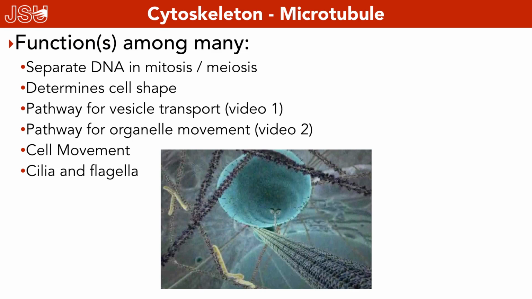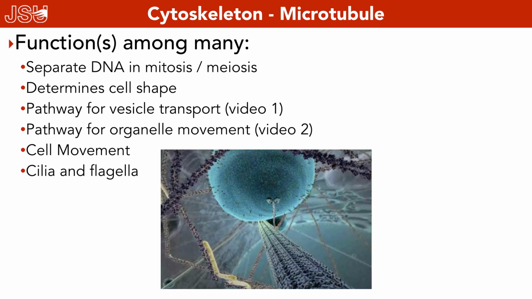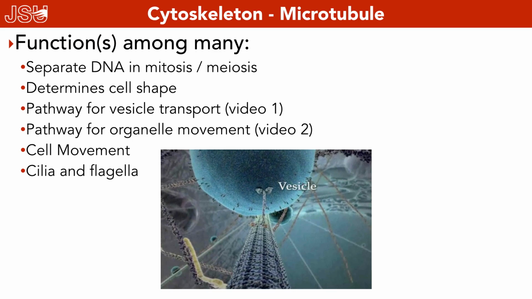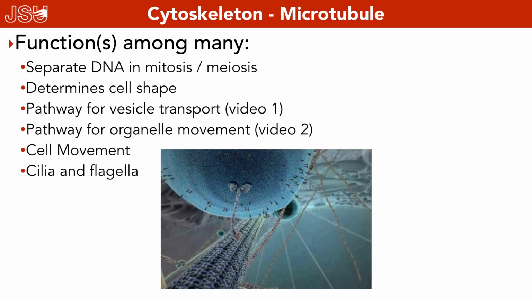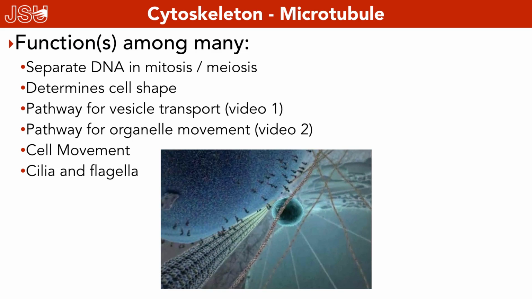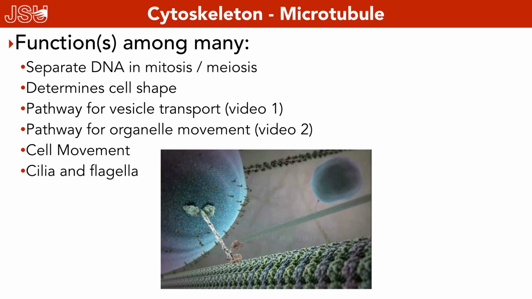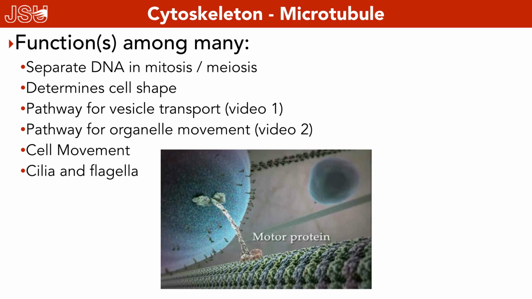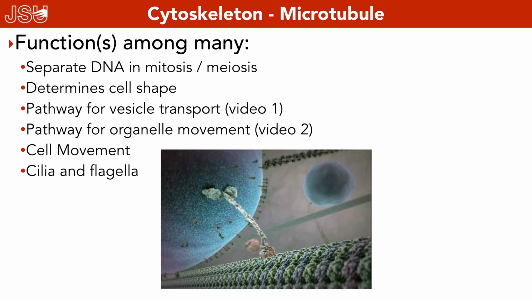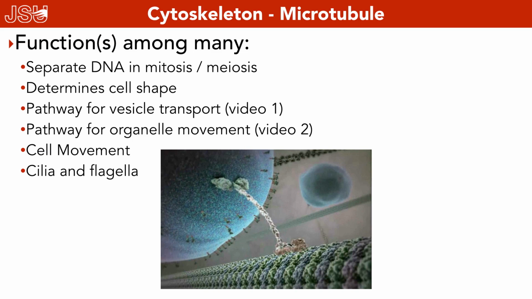What's going to happen is we have a motor protein attached to some vesicles, and it will use the microtubules as a pathway, a superhighway, a causeway, a thoroughfare, whatever. And it will move our vesicles from one area to another area. Again, it's not like balloons being let out and hoping for the best.